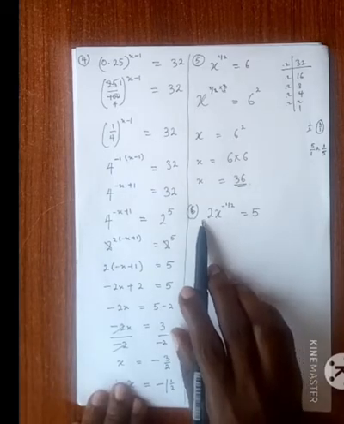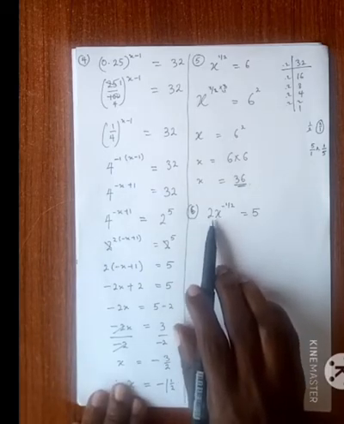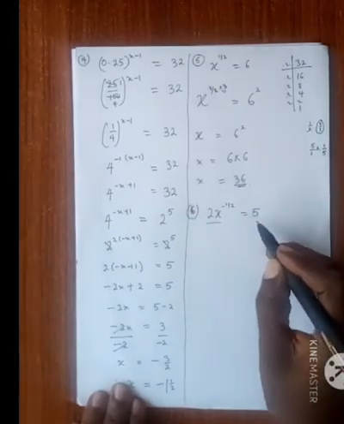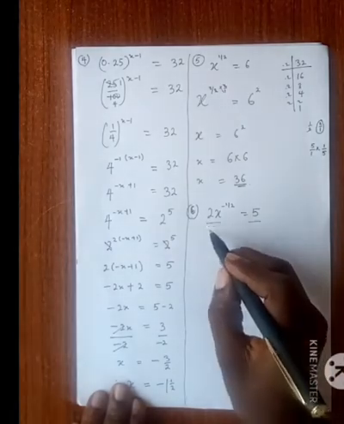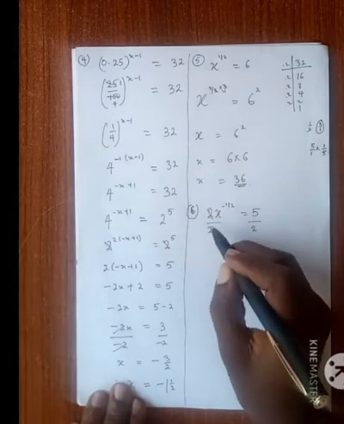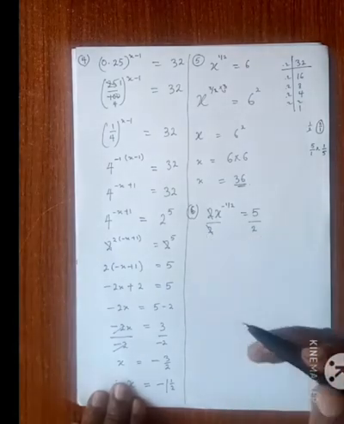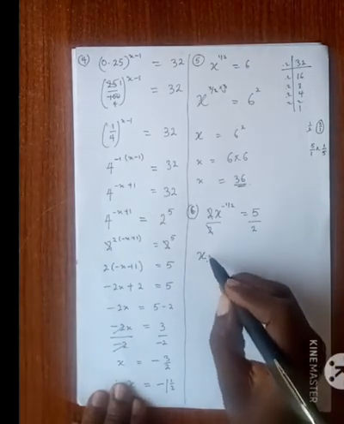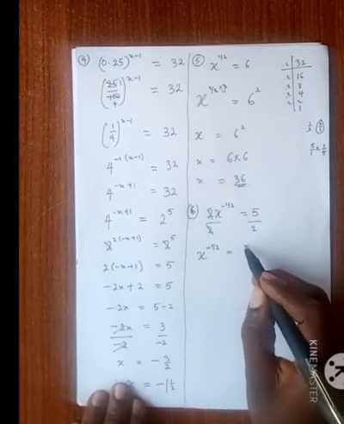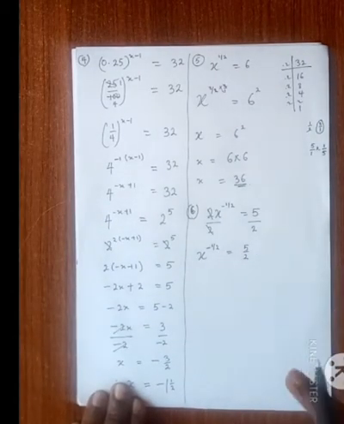And the possible way by which this coefficient, that is 2, can be removed here is to divide both sides by such a coefficient. So both sides, first of all, have to be divided by 2. So when we divide by 2, the result this gives now is x raised to the power minus half is equal to 5 over 2.